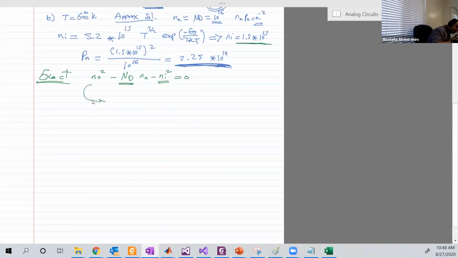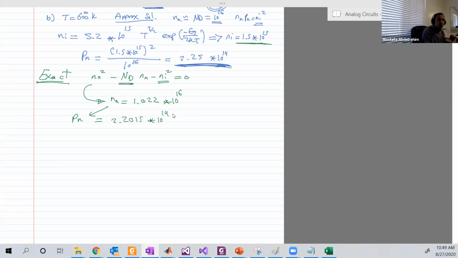If we solve this equation, we'll find that Nn equals 1.022 × 10 to the power 16. And if we substitute, Bn will equal 2.2015 × 10 to the power 14. There is a difference. It's a little difference, but there is a difference.